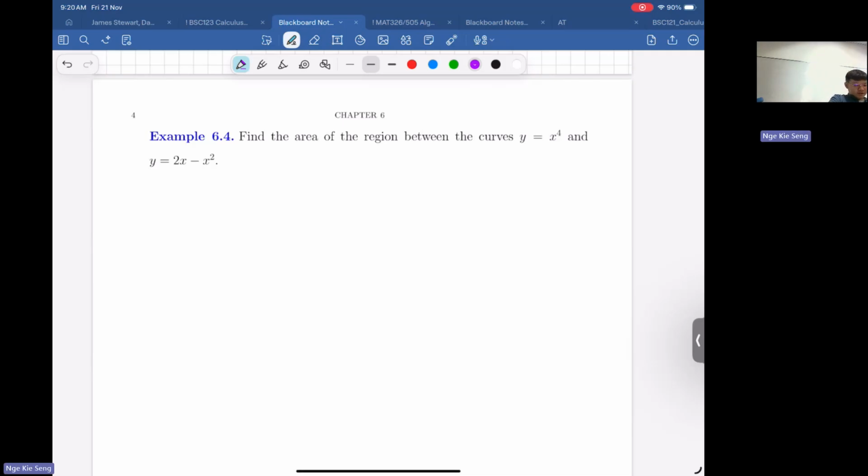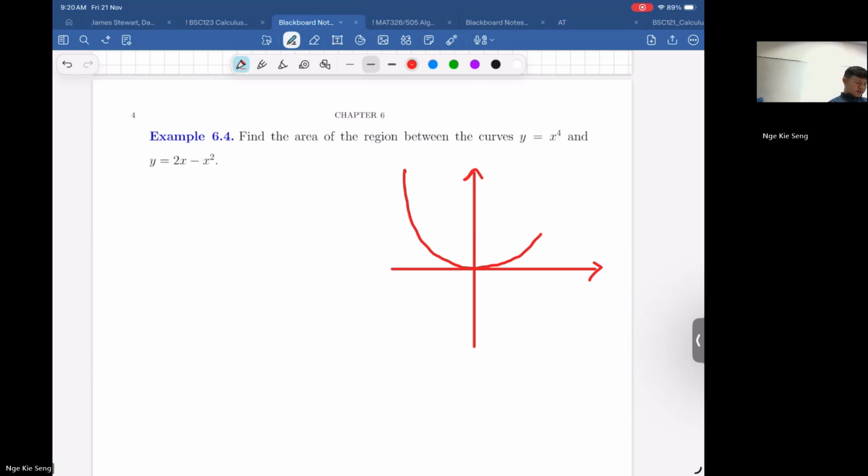Did you manage to find your intersection here? So how to graph y equals x to the 4? It's a bit like x squared, just a bit fatter than x squared. And 2x minus x squared is the same function that we looked at just now, so it has roots at 0 and 2.